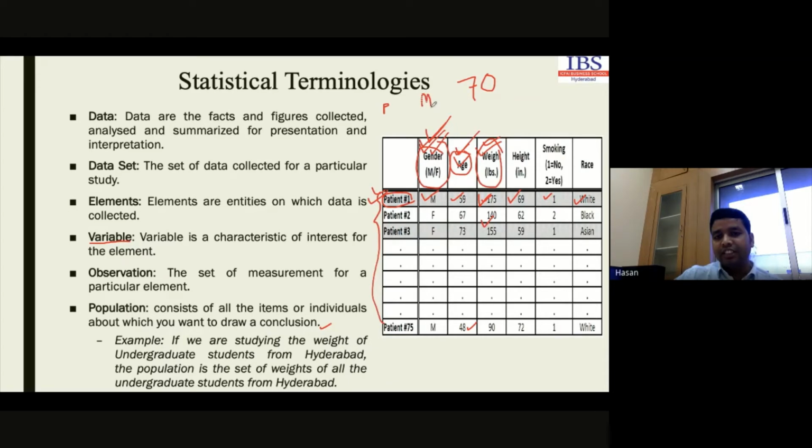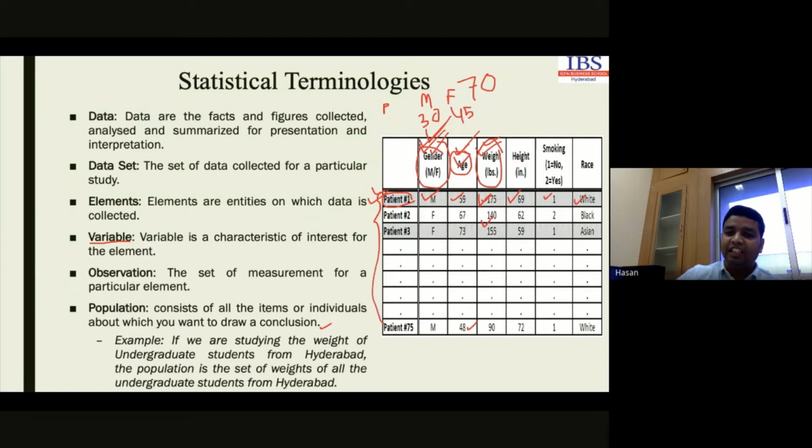Gender can be male or female. How many patients are male and how many female? If we consider 30 male, then 45 will be female. So these are the frequency, the number of occurrences.